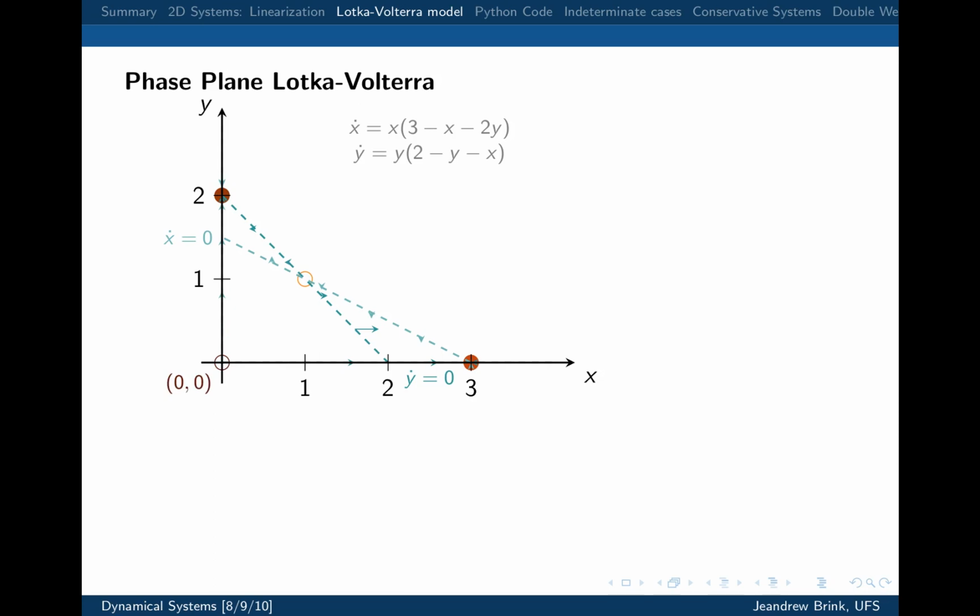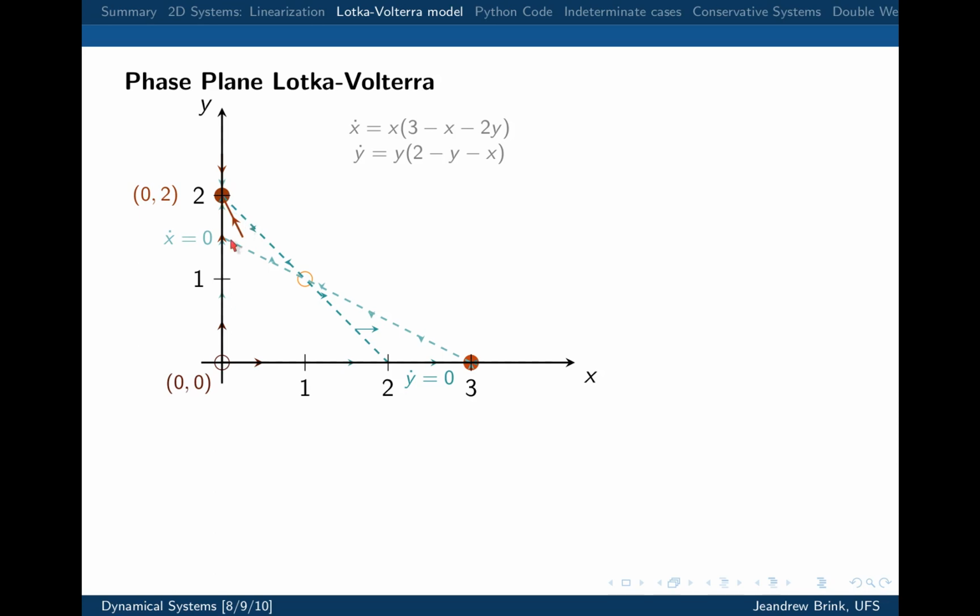So remember, for the 0, 0, it was an unstable fixed point, and the eigendirections were simply the axis directions. Okay. For 0, 2, it's a stable fixed point. One of the eigendirections went along the axes, and the other one, the one that approached it, went in and lies between these two nullclines.